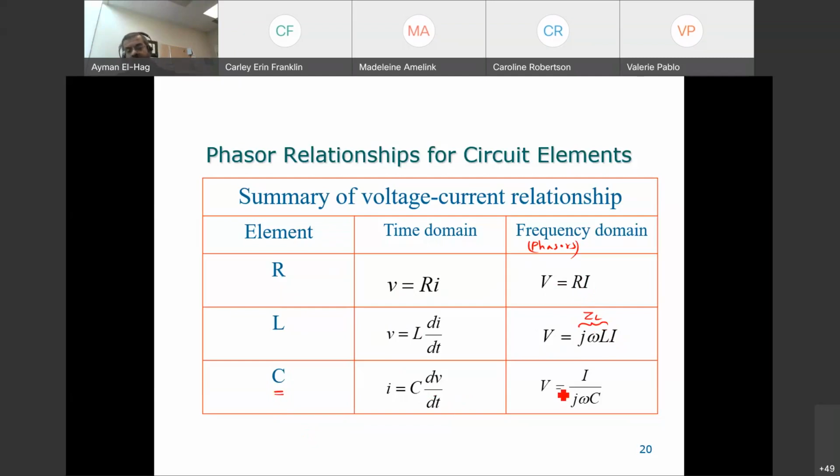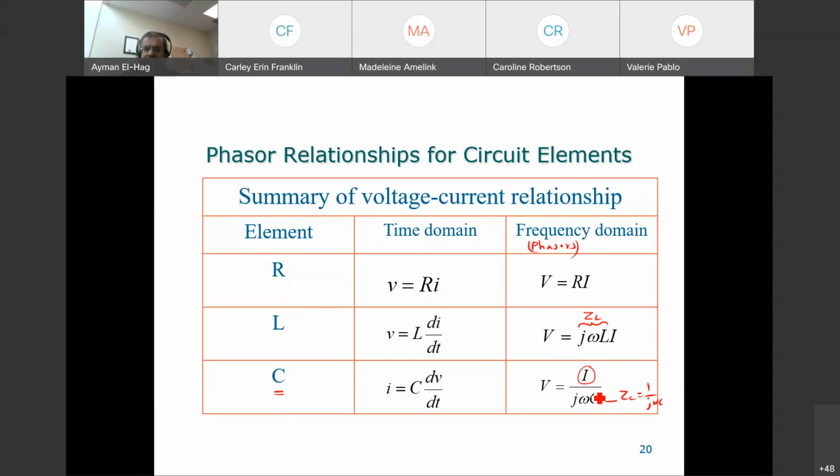Again, Ohm's law: V is equal to I times 1 over j omega C. So this is the I, and ZC is this. Your ZC is 1 over j omega C, or minus j over omega C. Both mean exactly the same thing.